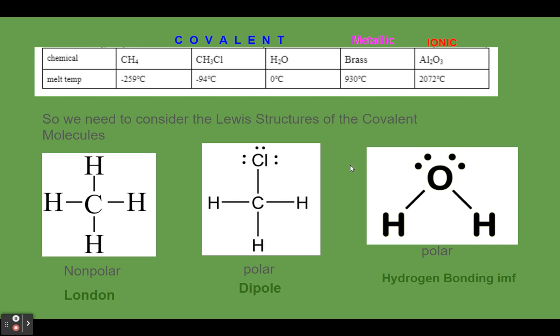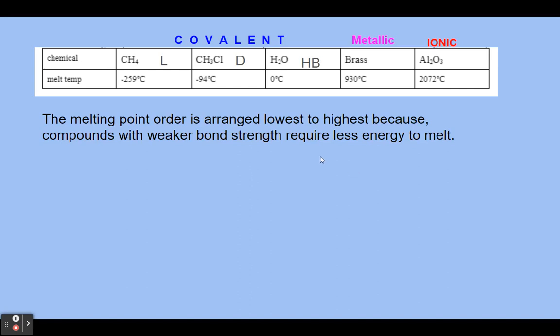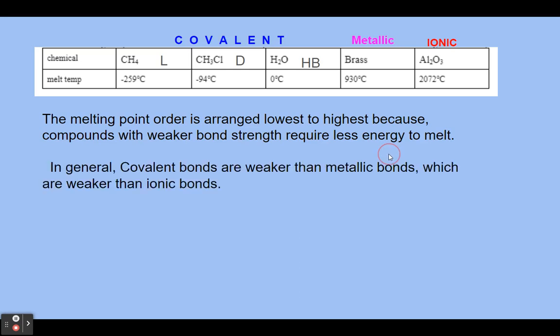Now that we've learned all this information and gleaned it from our chart, we can answer the question. The melting point order is arranged lowest to highest because compounds with weaker bond strength require less energy to melt. In general, covalent bonds, displayed by these three compounds, are weaker than metallic bonds, which are also weaker than ionic bonds.